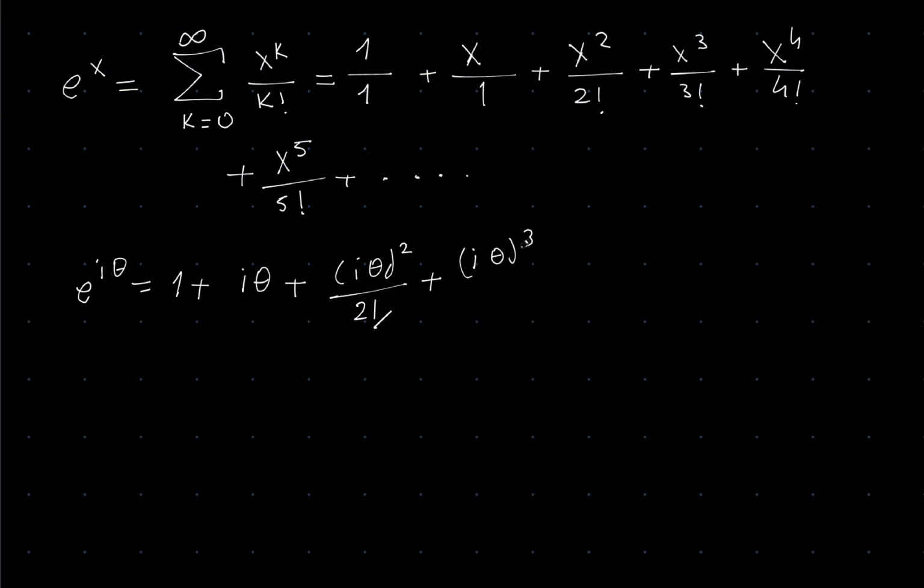For the fifth term, over 4 factorial, and for that term we have I times theta to the power of 5 over 5 factorial, and it continues like that. So let's remember how that I works.